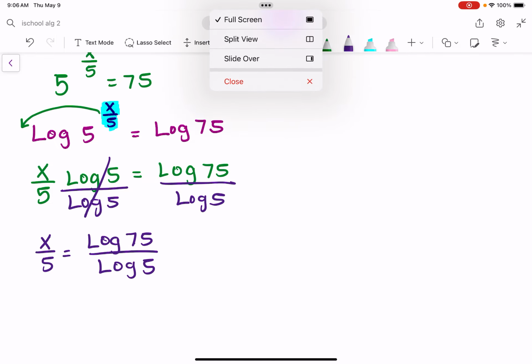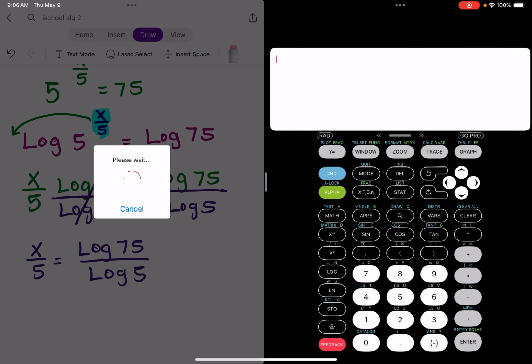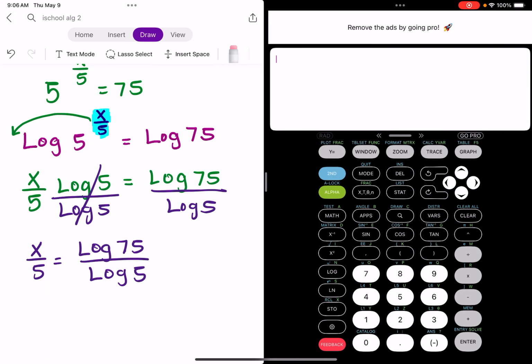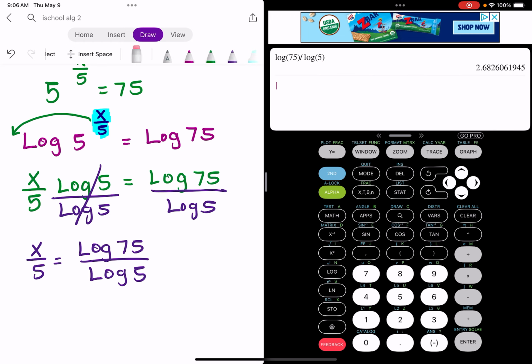Now we can use our calculator to see what that is. In the calculator, log is underneath x squared, so log 75 divided by log 5. If I hit enter, you'll see that I get 2.682.